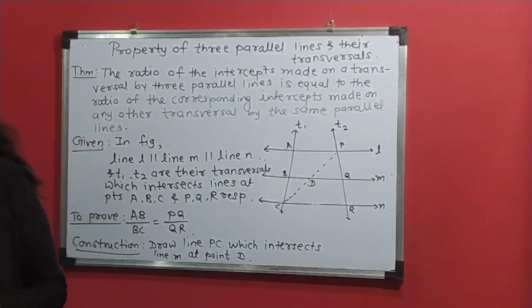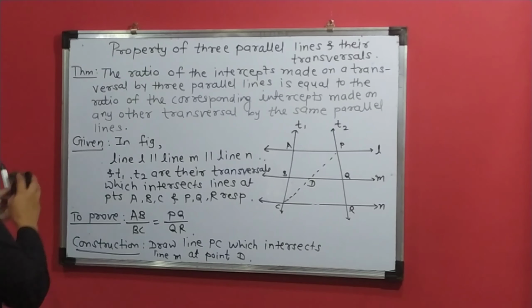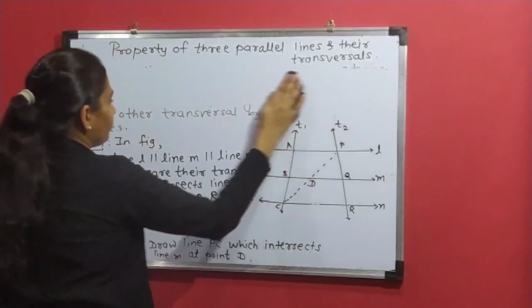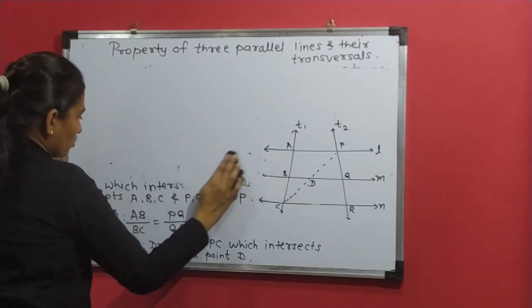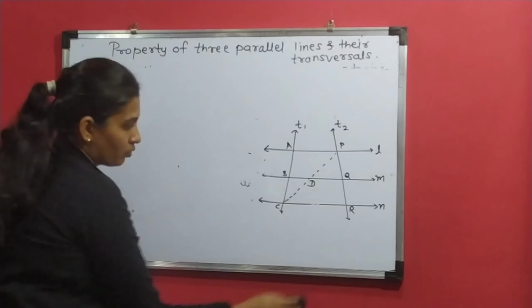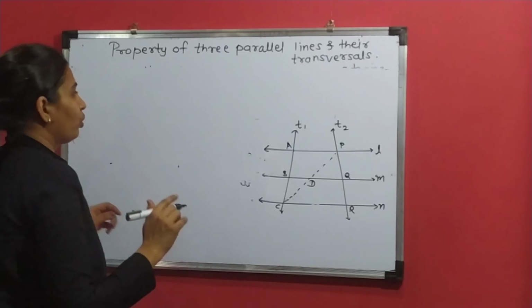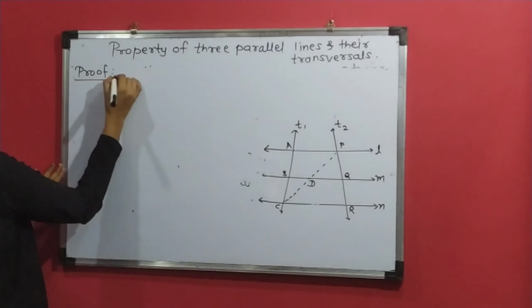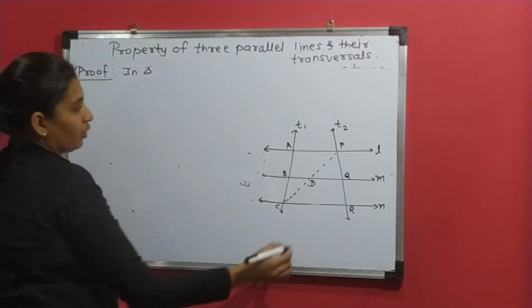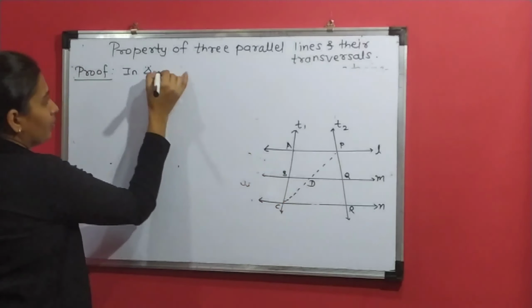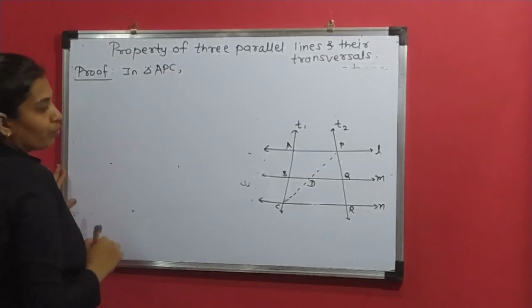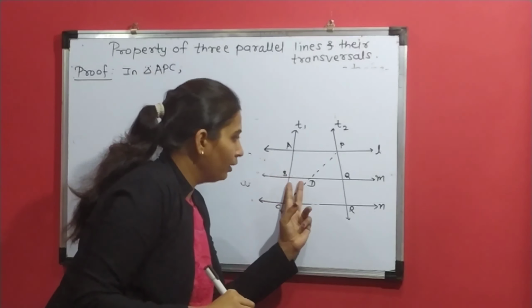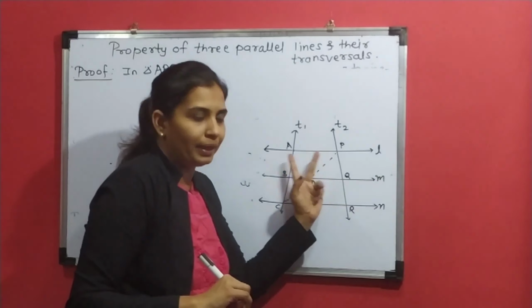Now for finding our proof, we will take two triangles again. So the proof will contain: in triangle APC, what is given? BD is parallel to AP.